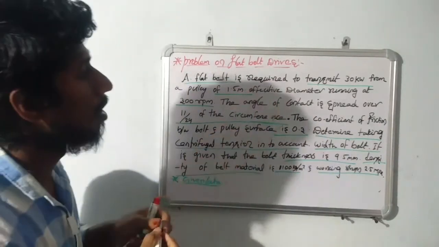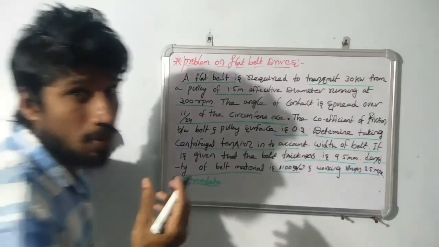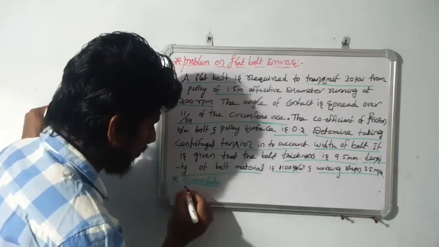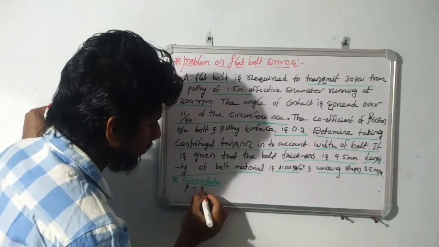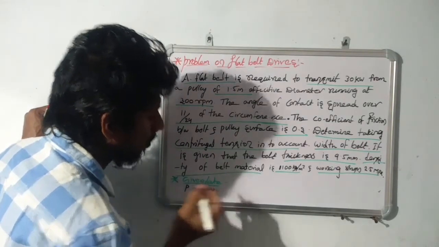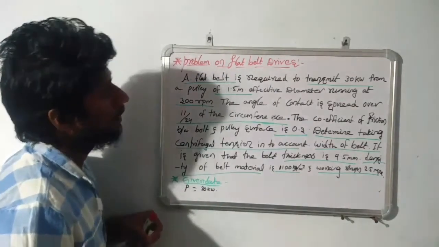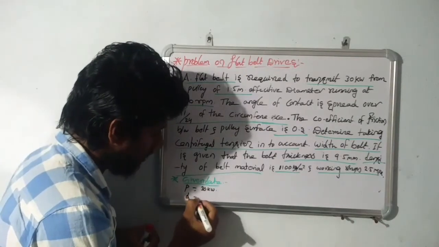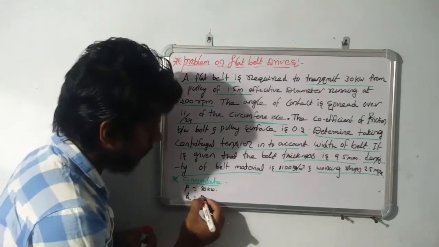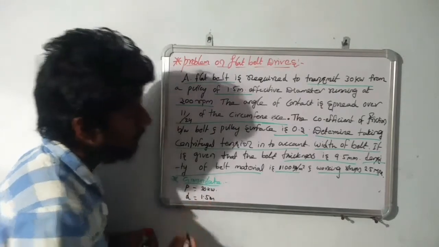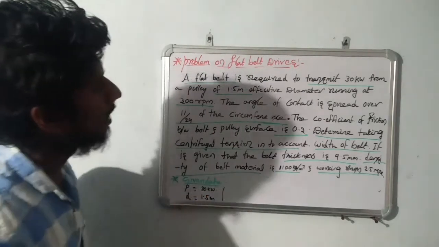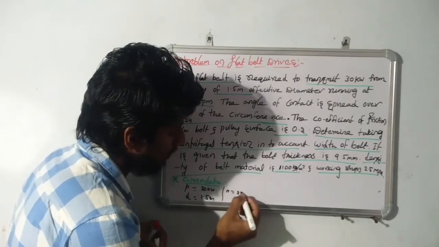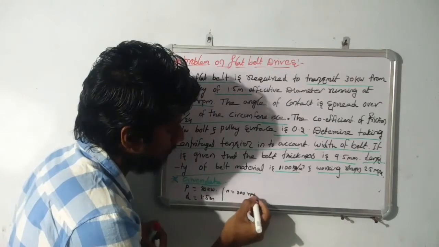And next one, how much power we are going to transfer, that is the power is 30 kilowatts. And after that, what is the diameter of that pulley? The effective diameter is provided, that is 1.5 meters. And after that, the speed of the pulley is also provided, that is 300 rpm.